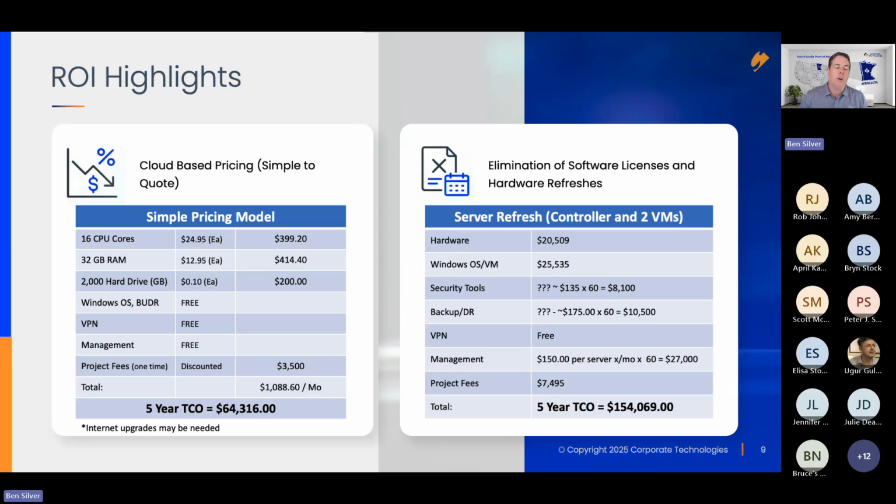But more importantly, you're only paying $1,088 a month after that. So when year 6 hits, year 7, year 8, year 9, you're not having to do another hardware refresh with another project. You're continuing to maintain that environment as we make sure the infrastructure is up to date, the server OSs are up to date, and everything stays up and running for you.